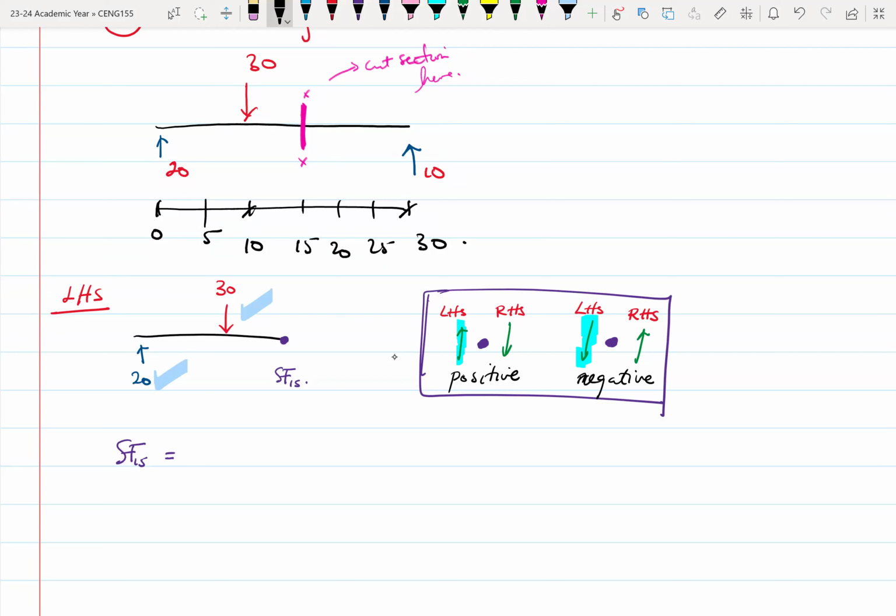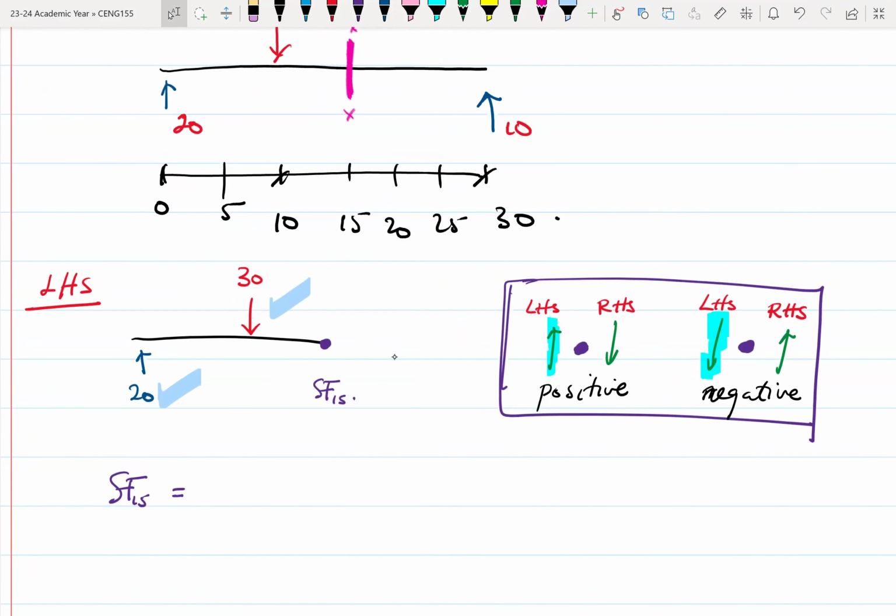So if you look at the 20 kilonewtons, all the forces are acting to the left of the point, the SF15. The 20 is acting upwards, and upwards on the left is positive. So that makes my 20 positive. Let me put a big plus in front of it.